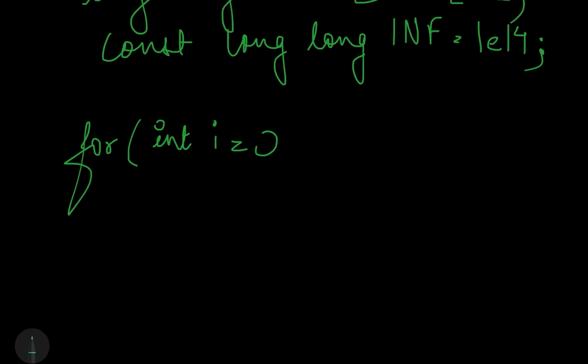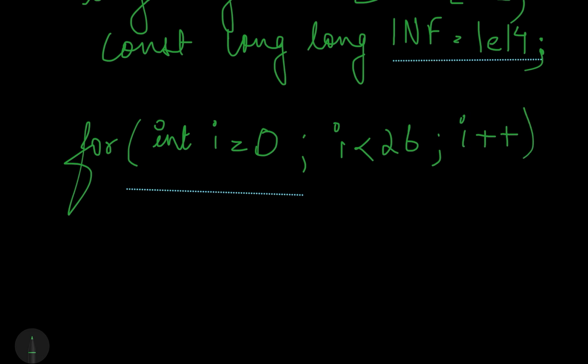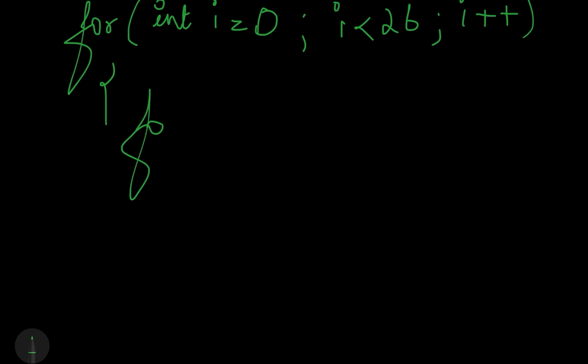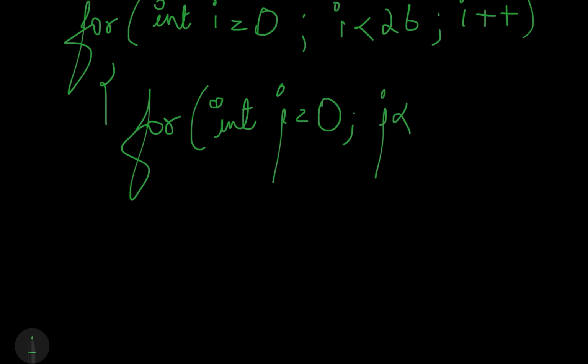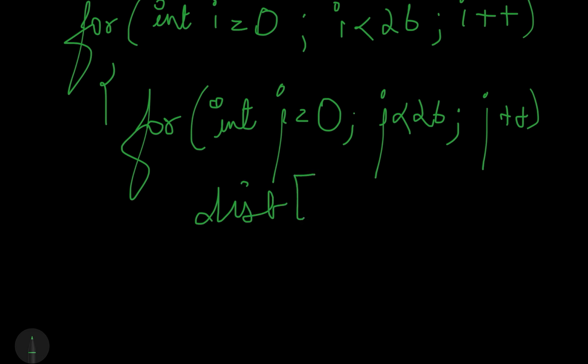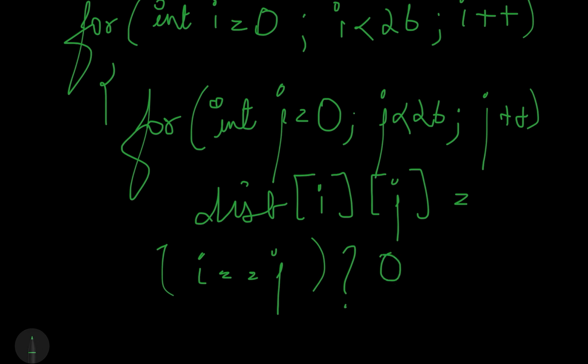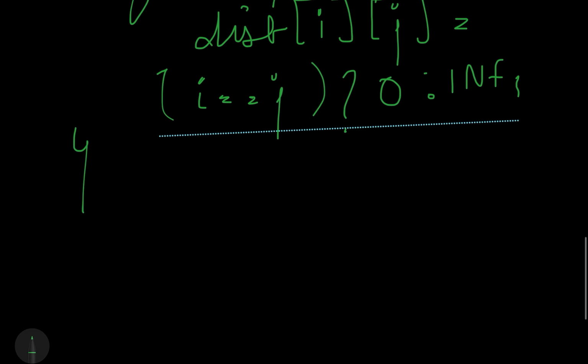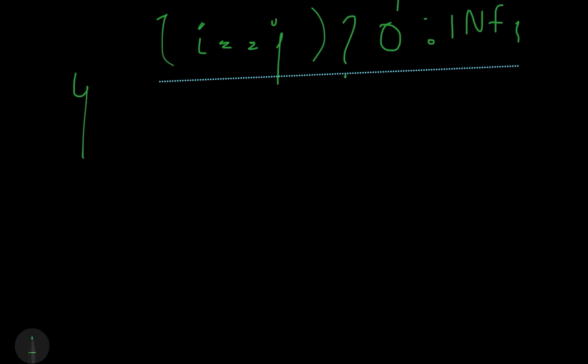For int i equal to 0, i less than 26, i plus plus, for int j equal to 0, j less than 26, j plus plus, our distance of i and j would be equal to: if i equals j, meaning no one needs to convert it, then we'll initialize it with 0, else we'll initialize it with our very large value, because the cost to convert a character to itself is 0 only.